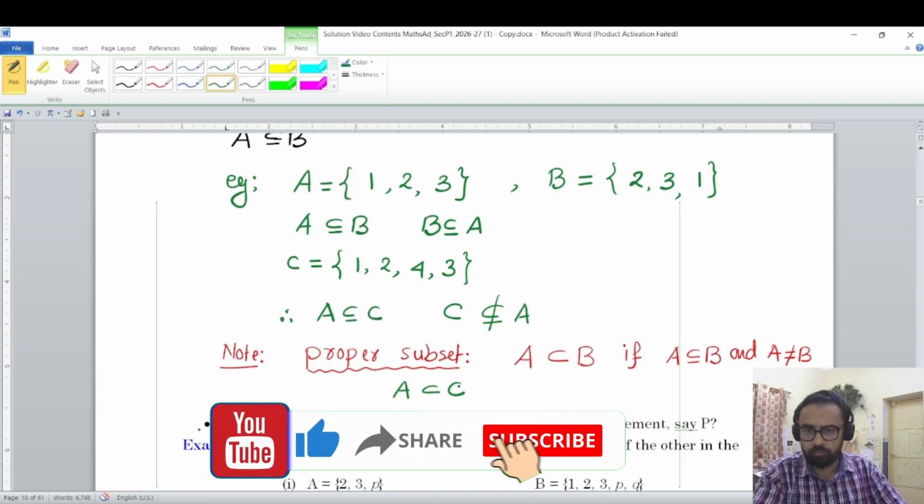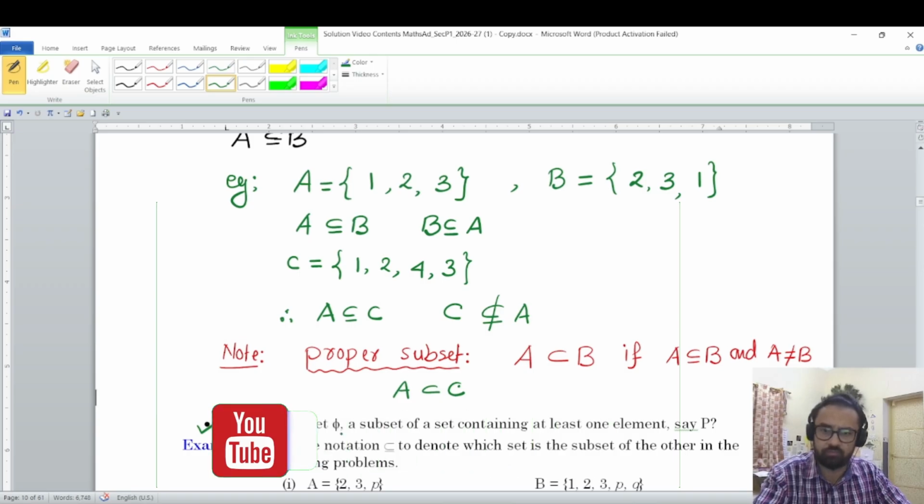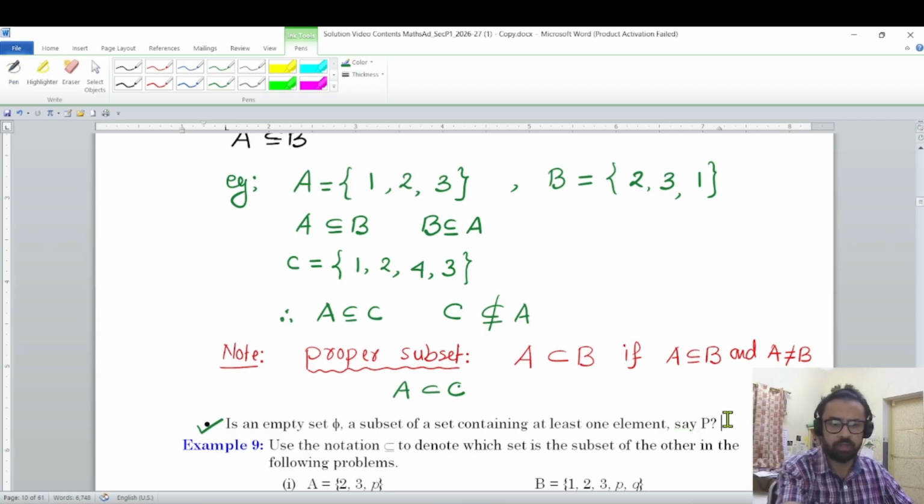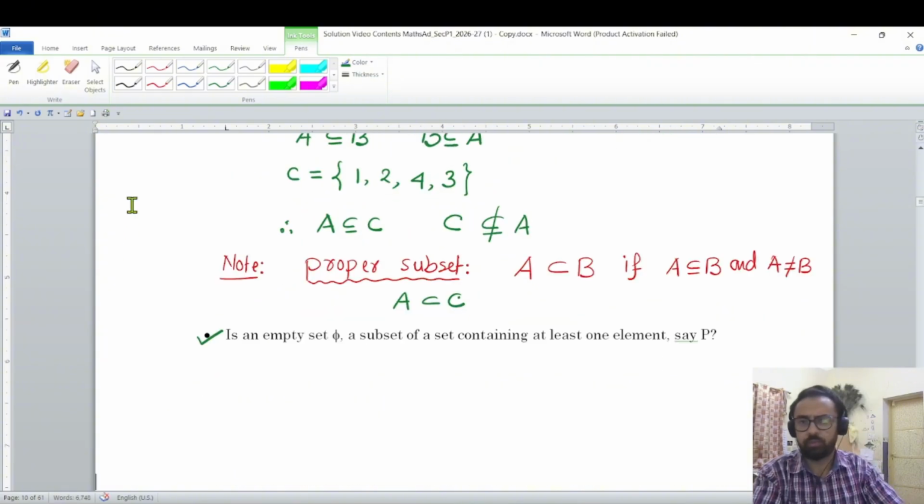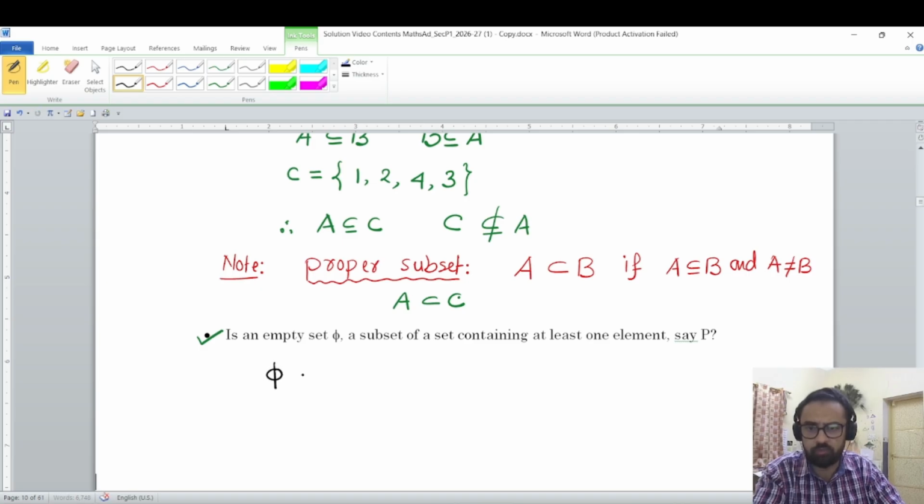Now, if we extend our idea, is an empty set phi a subset of a set containing at least one element, say P? So the idea here is, always remember, phi is always a subset of any set. Okay, phi is always a subset of any non-empty set. Empty set we have studied last lecture.